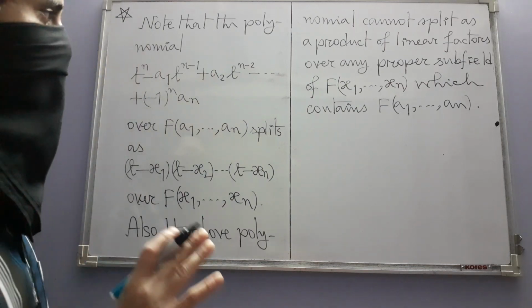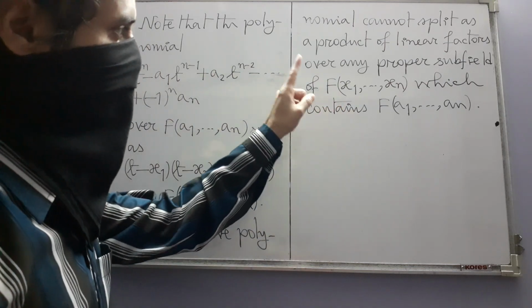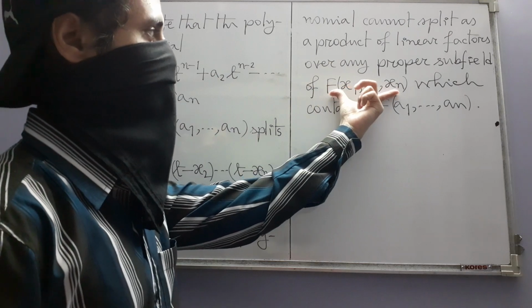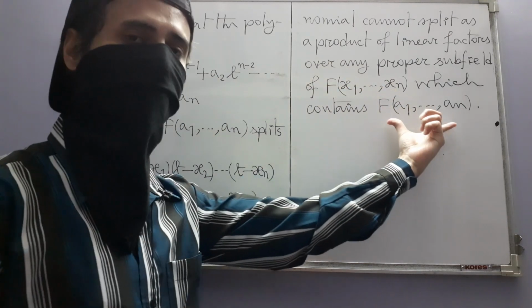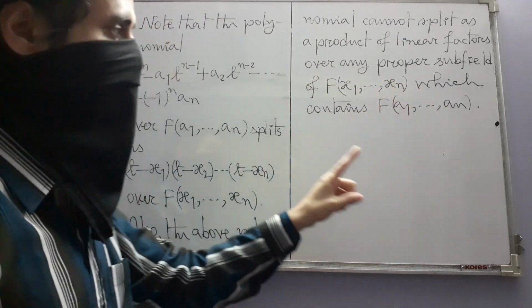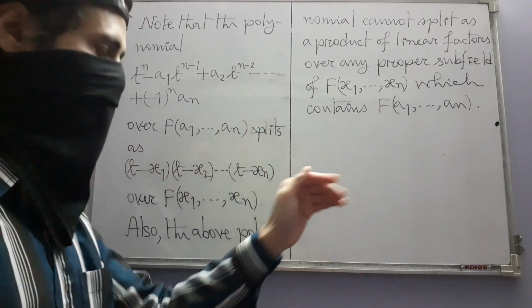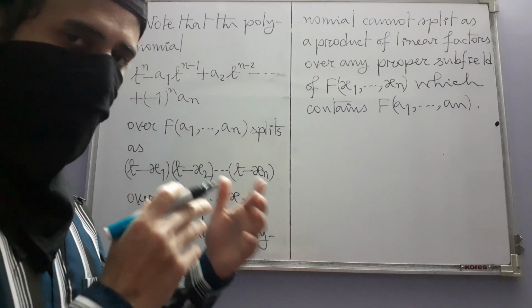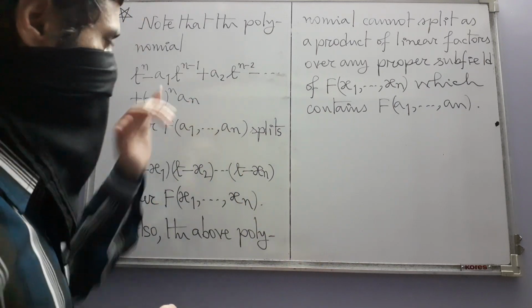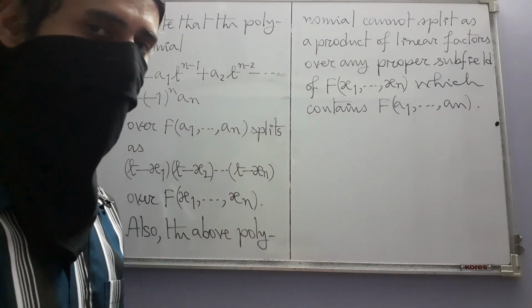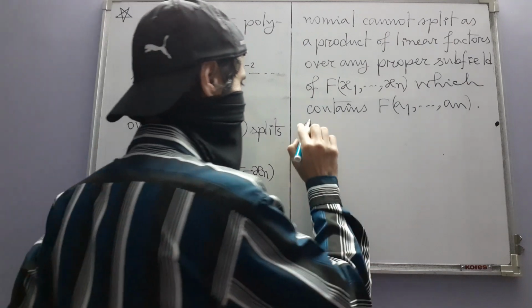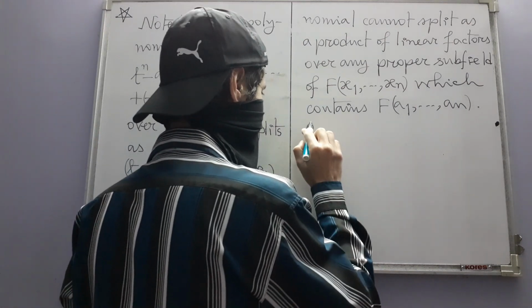In other words, we are saying that if you find a proper subfield of this inside which you have this field, then over that proper subfield such a complete factorization into a product of linear factors for this polynomial is not possible. But why? What happens if that is possible?